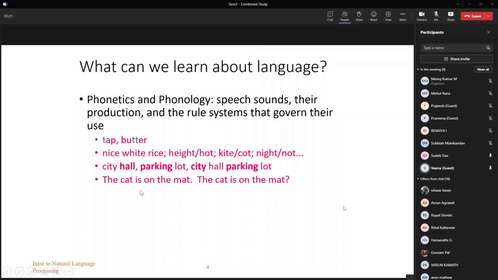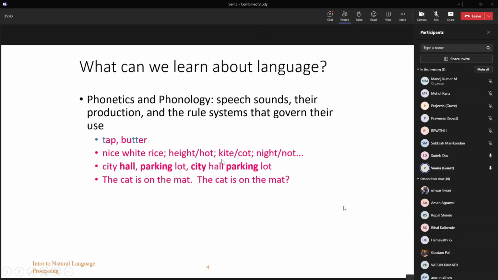No, I think these are three different words. So when someone says city hall, the hall is the one which takes the priority, and when we say parking lot, parking is the one taking priority.